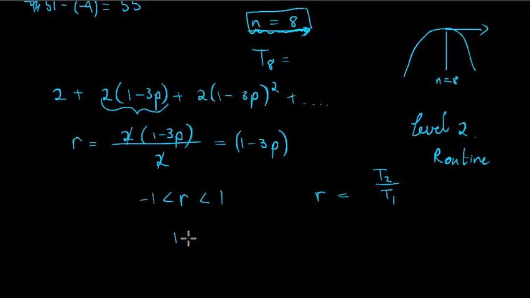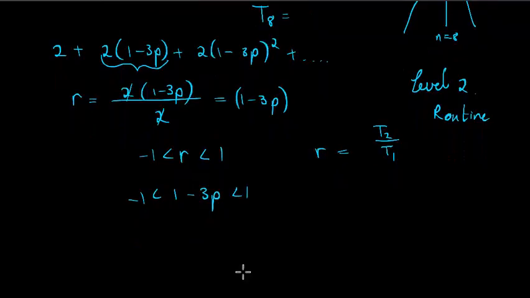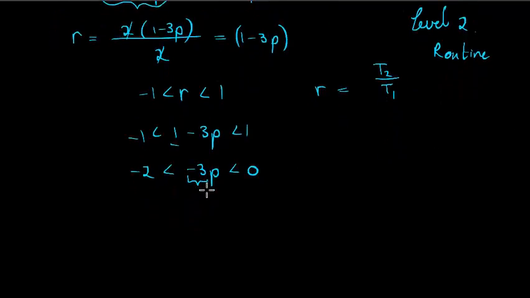so we just put 1 minus 3p in there, and then we solve for P, because they ask for which values of P will the sequence converge. So we subtract a 1 everywhere to get rid of the 1, so this is minus 2, smaller than negative 3p, smaller than 0, and then we divide everything by negative 3, but remember, in inequalities, the moment we divide with a negative, everything changes around.